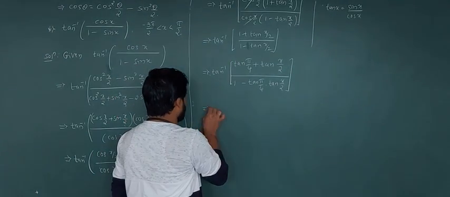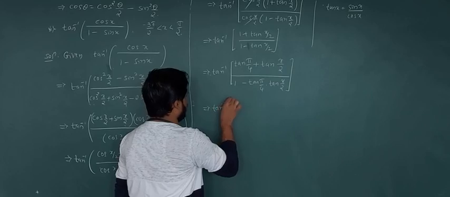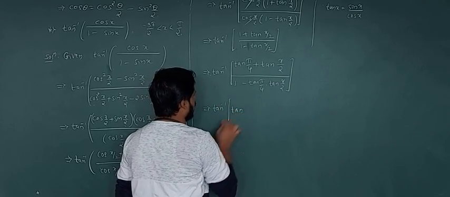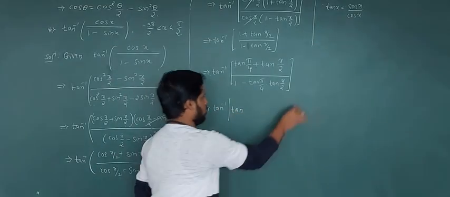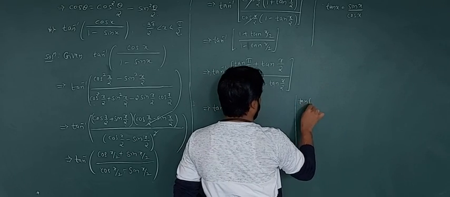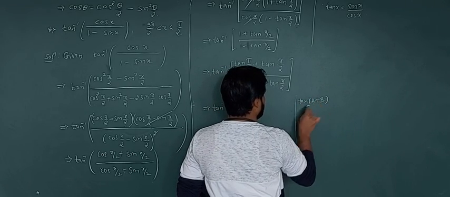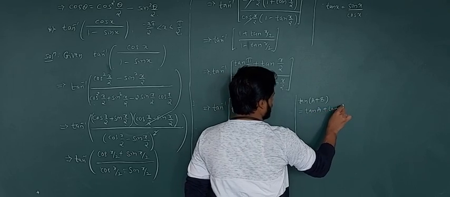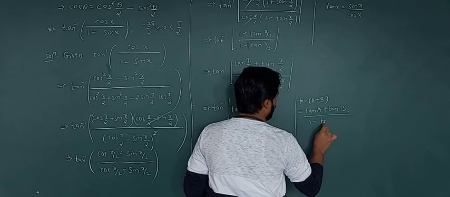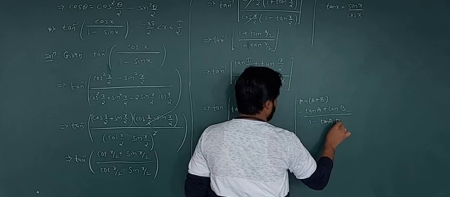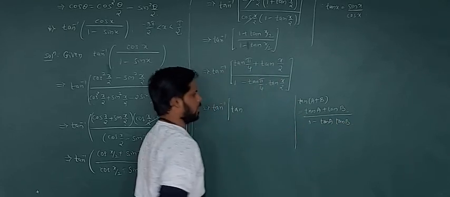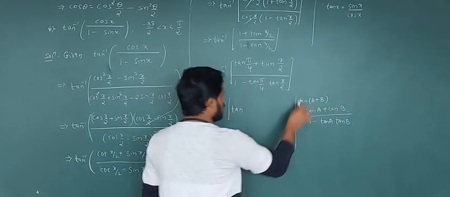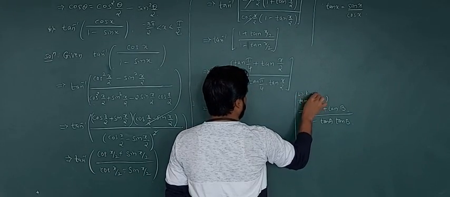This implies tan inverse of, we have a standard formula: tan of a plus b is equal to tan a plus tan b divided by 1 minus tan a into tan b. This is a standard formula, we know that.